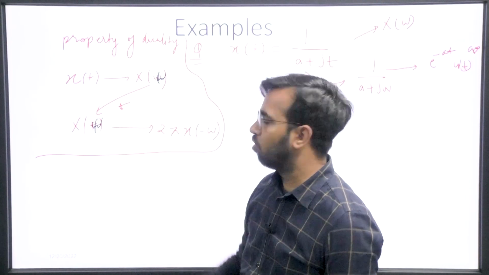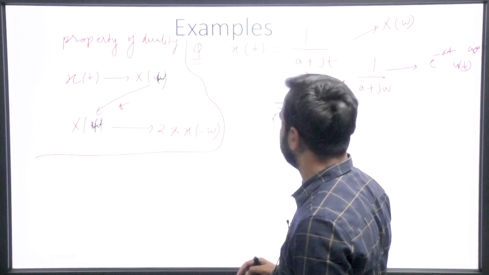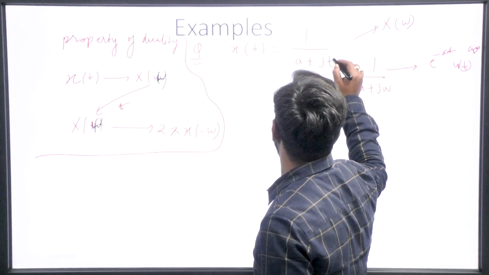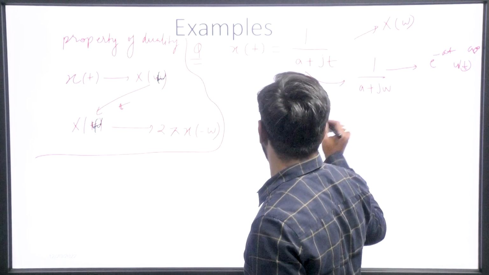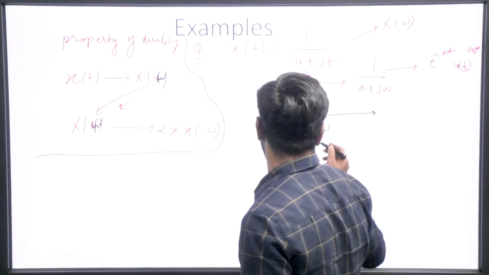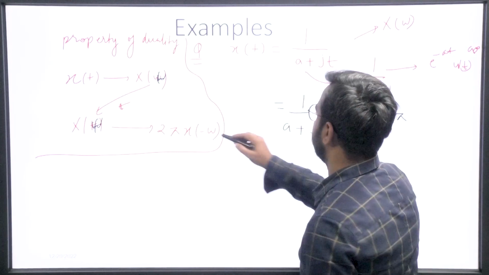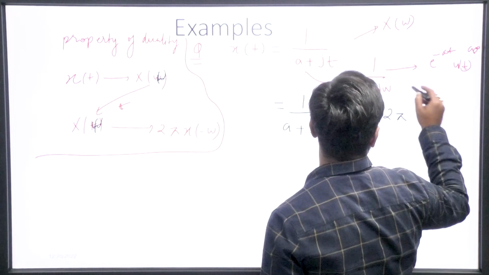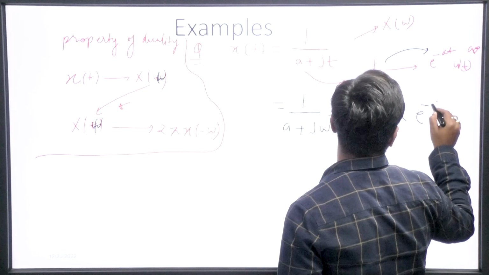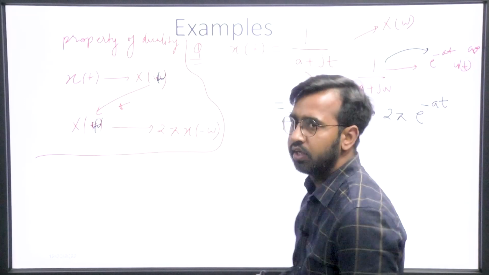We have to replace t by omega. Now what we have to do is write 2 pi x(minus omega). So, we will write 2 pi, and what is X(omega) for this? X(omega) for this will be e to power minus a t.